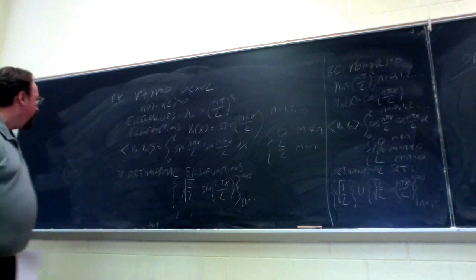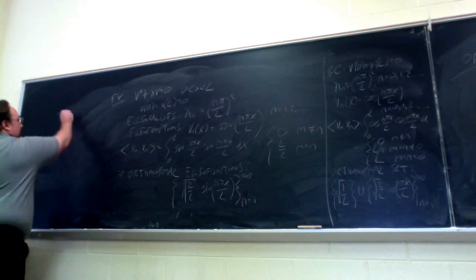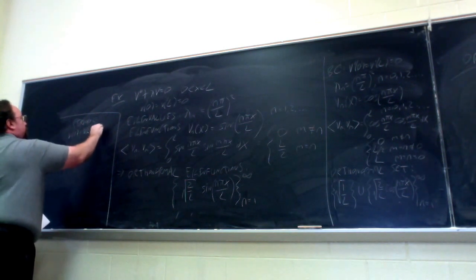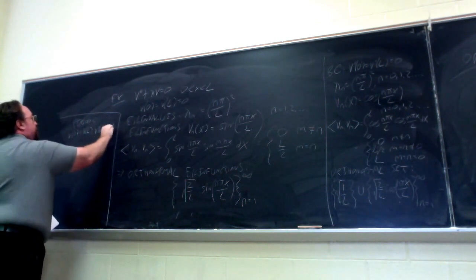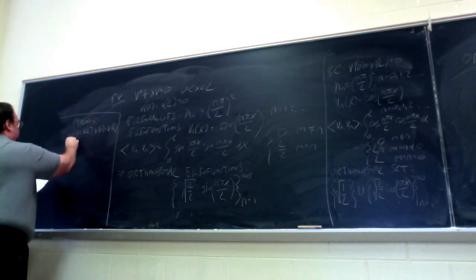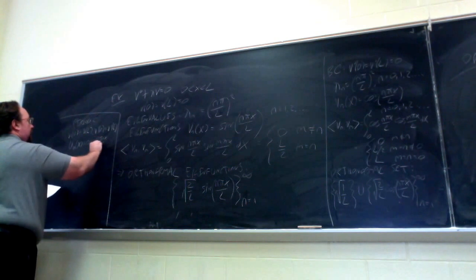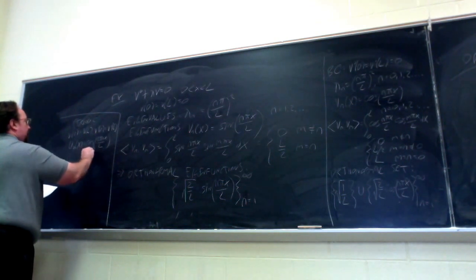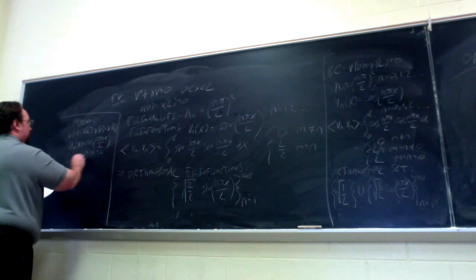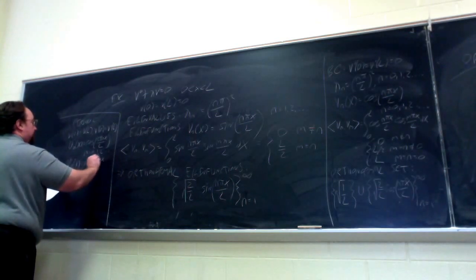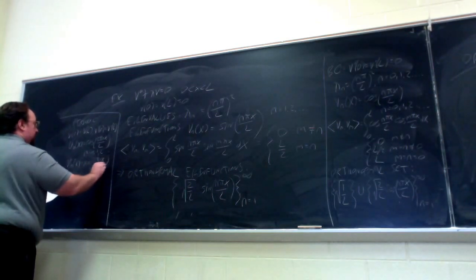Briefly, for the periodic case, v of 0 equals v of L, v prime of 0 equals v prime of L, and you have your eigenfunctions: u n is cosine 2 pi n x over L, n starting from 0, and v n of x is sine 2 pi n x over L, n starting from 1.